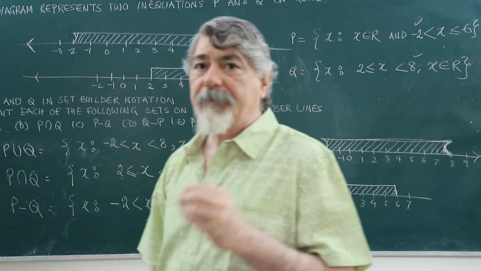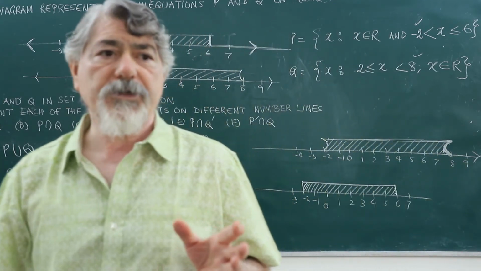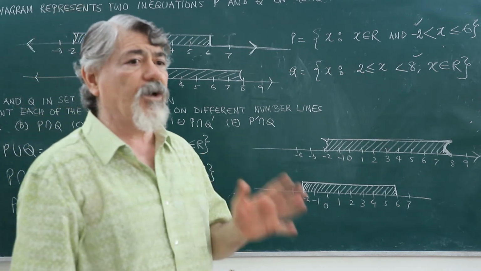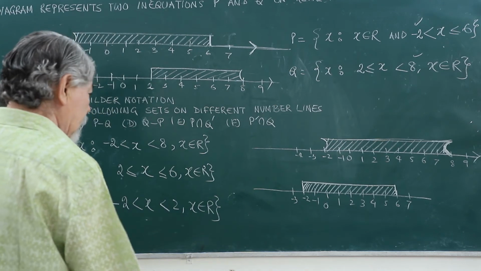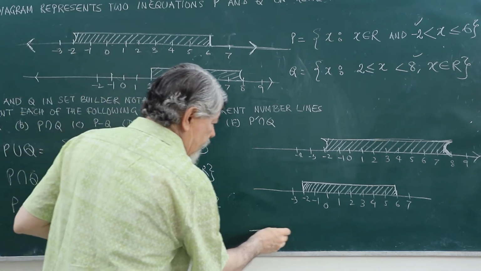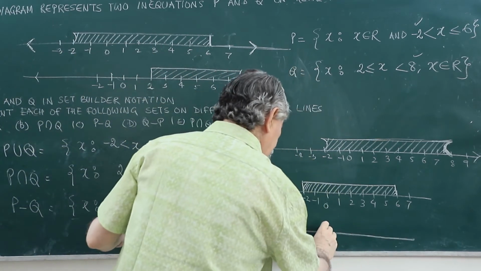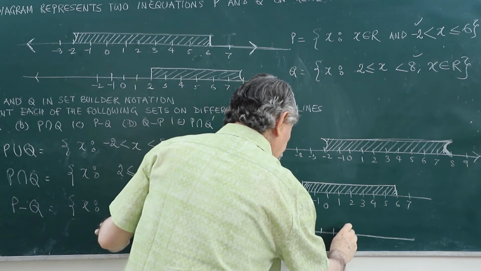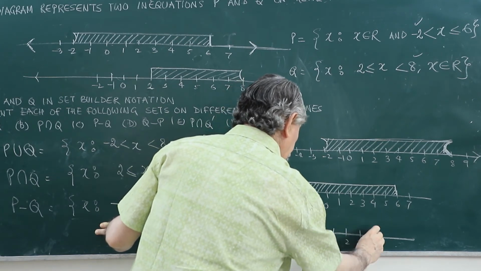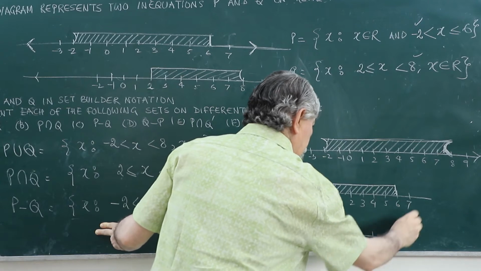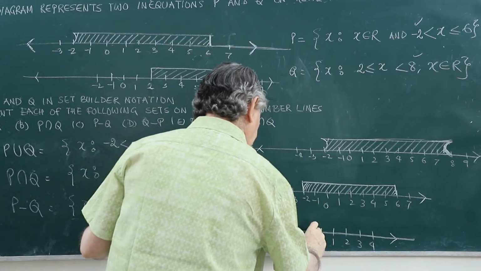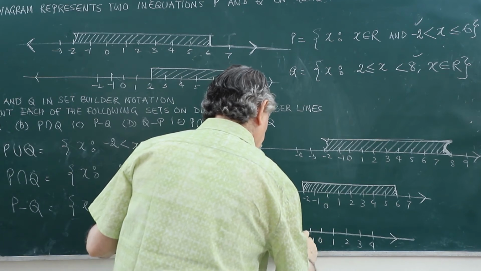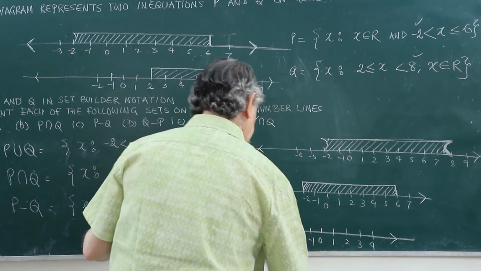So when I say P minus Q, I'm talking of the elements which belong only to P and not to Q. So if I plot that on the number line, 0, 1, 2, 3, 4, and here -1, -2, -3.